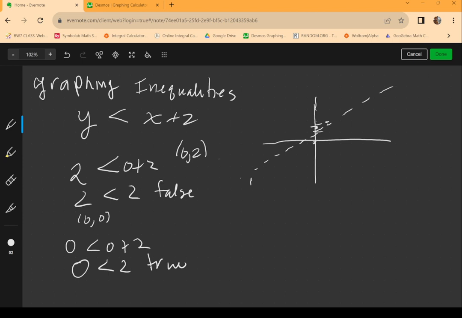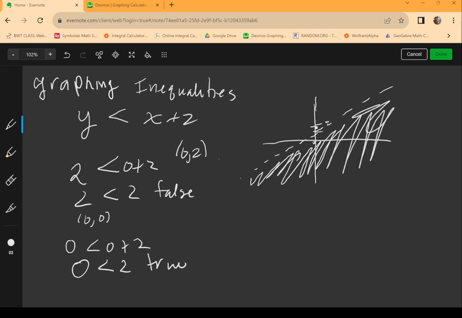So what that means is that this whole area under the line is going to get shaded in. That's going to be part of the inequality, not just the line itself, but all of the points below it, because all of the points below it will, in fact, give me a true statement.